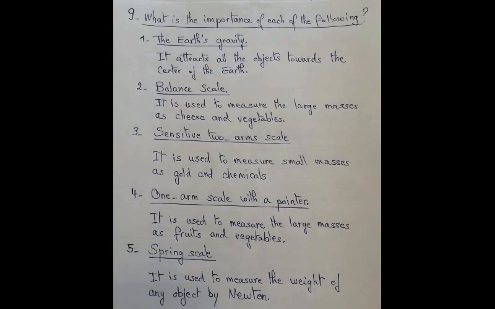One arm scale with a pointer اللي هو الميزان ذات الكفة الواحدة اللي فيها مؤشر، برضو دي كنا بنستخدمها لقياس الكتل الكبيرة زي الفواكه والخضروات. Spring scale ميزان الزنبركي، it's used to measure the weight of any object by Newton، بتستخدم لقياس وزن أي جسم بالنيوتن، لأن وحدة القياس بتاعة الوزن بتطلع بالإيه؟ بالنيوتن.